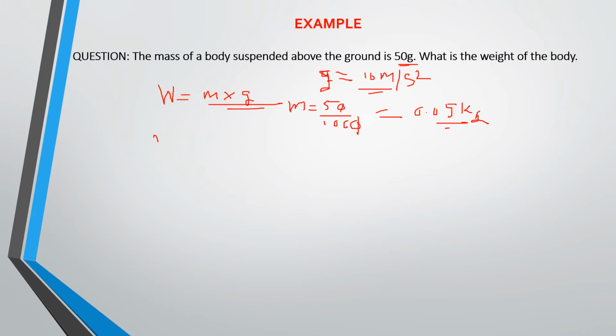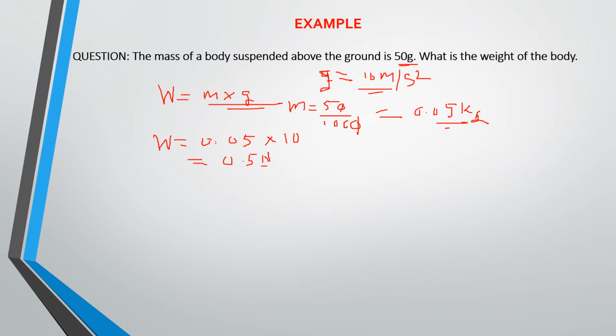You have that the weight of the body is equal to 0.05 times 10. So this gives you 0.5 Newton. Now you can also write this in SI units.